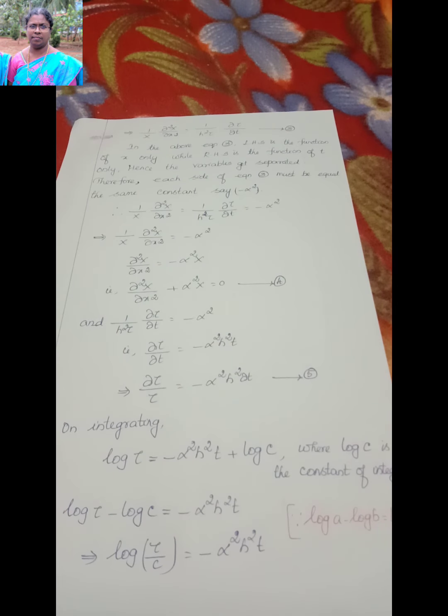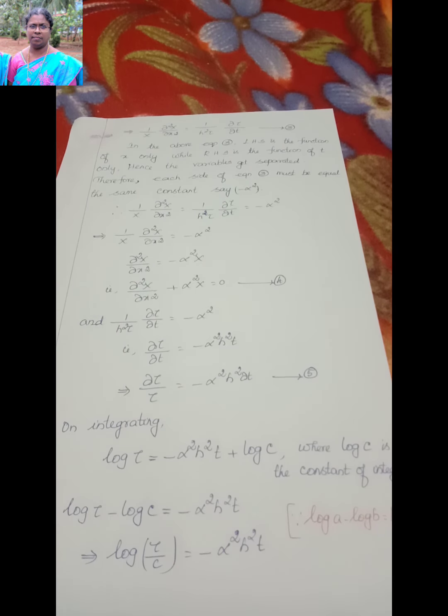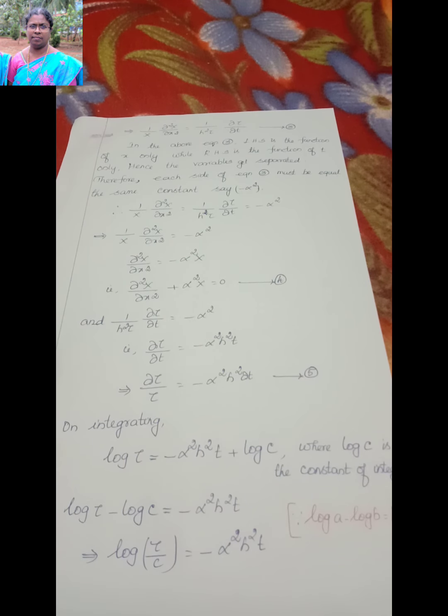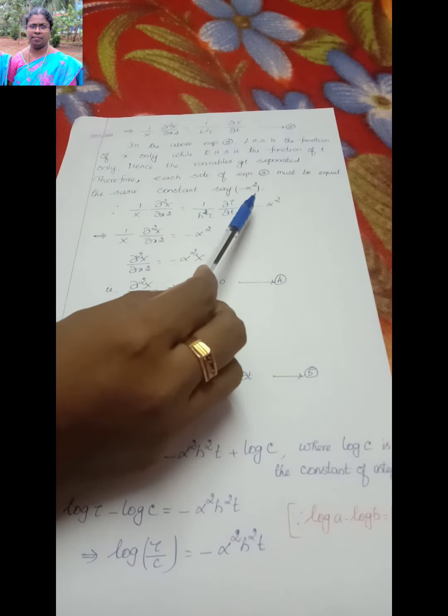In the above equation, the LHS is a function of x only and the RHS is a function of time only. Since the variables get separated, each side of the above equation must be equal to the same constant. The constant is taken as minus alpha square.